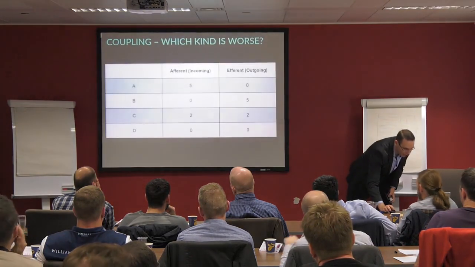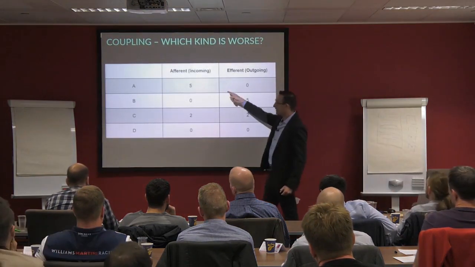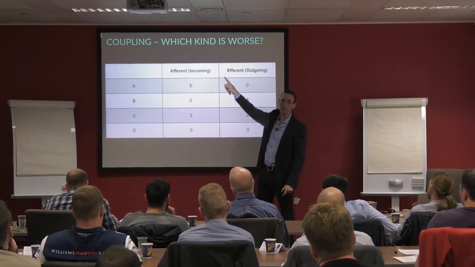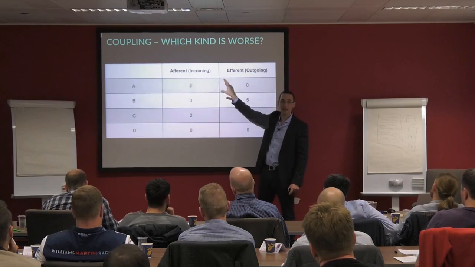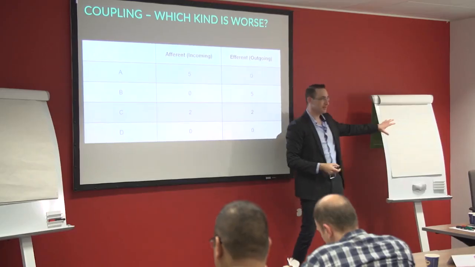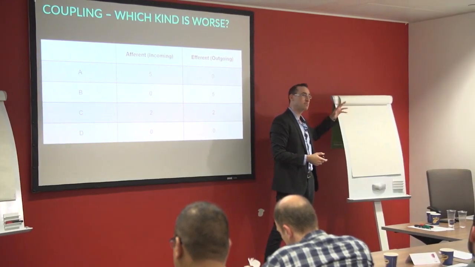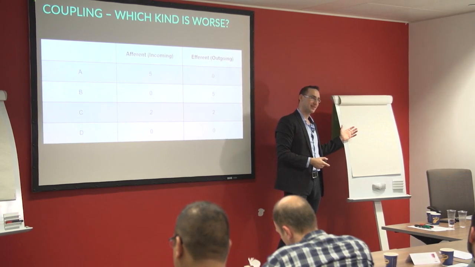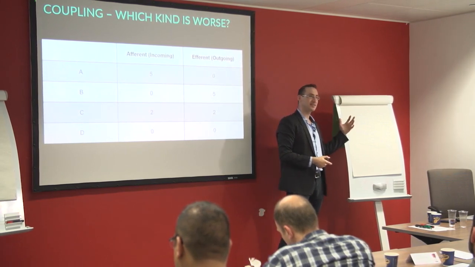As we mentioned, if the incoming coupling grows, that can be fine so long as it is very stable, right? The problem with something like a document-centric message is that it's modeling a lot of volatile business concepts. So it tends to be not very stable.